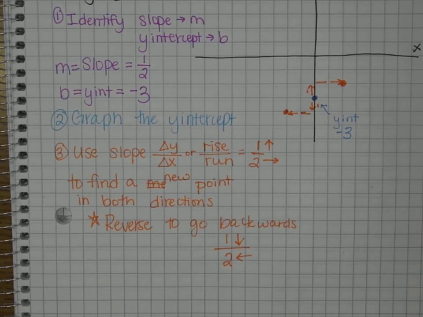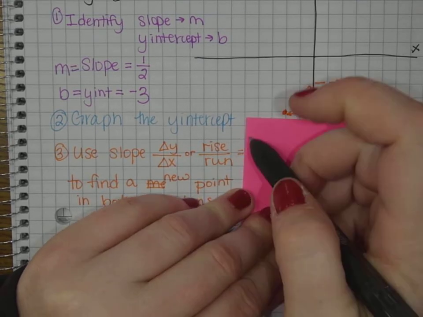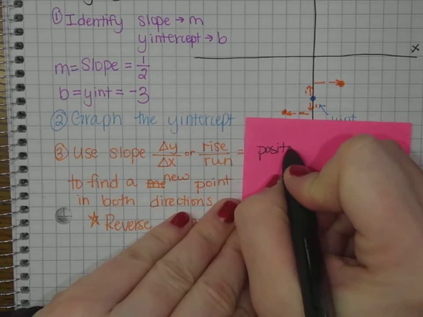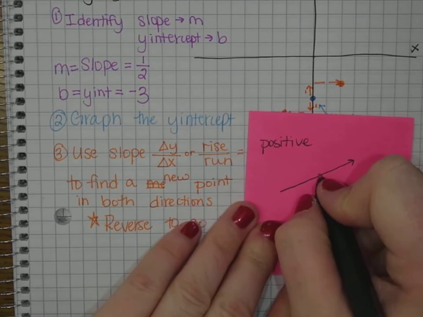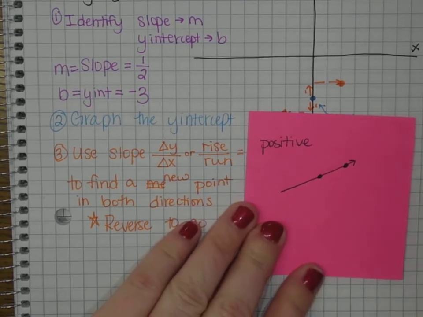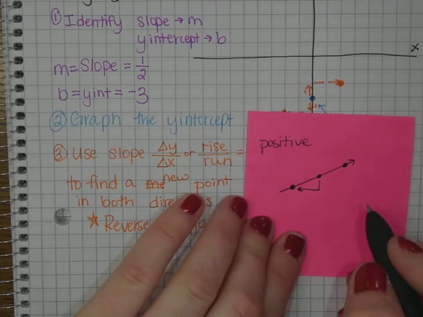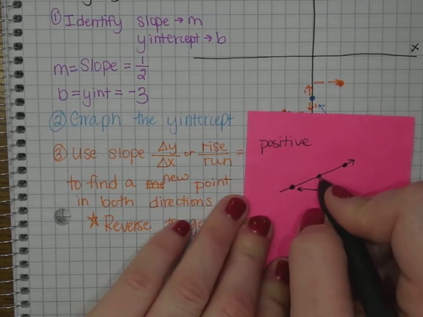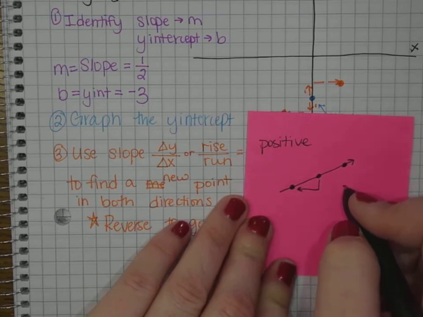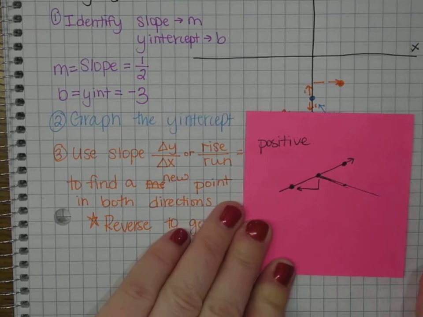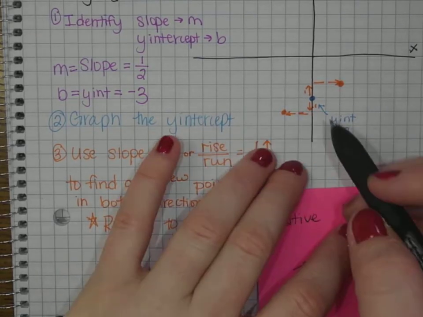Remember, this line has to be positive, and positive has to go this direction. If I just went down and right, I would end up with a V looking thing, and we don't want that. It has to be the same line as this first point.